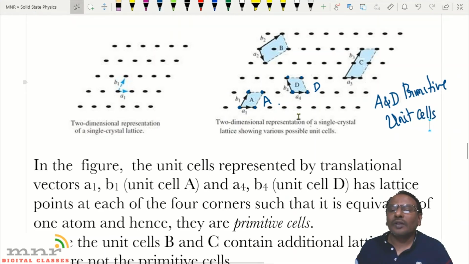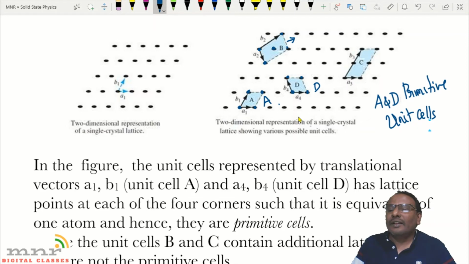Now come to the unit cells B and C. Here we have 4 atoms at the 4 corners of the unit cell. In addition to that, in figure B, we have an additional atom present at the center. So it does not fulfill the definition of primitive cell. Therefore, it is a non-primitive unit cell.